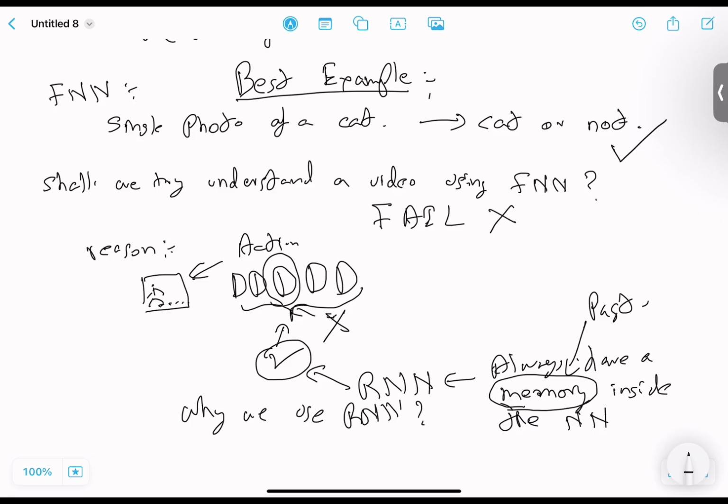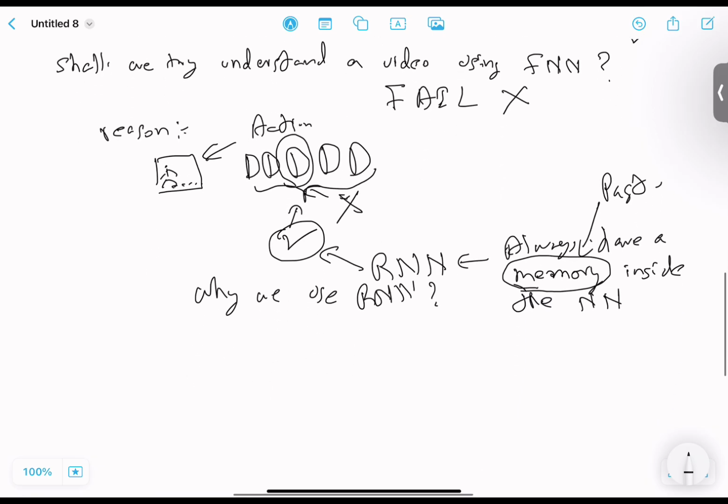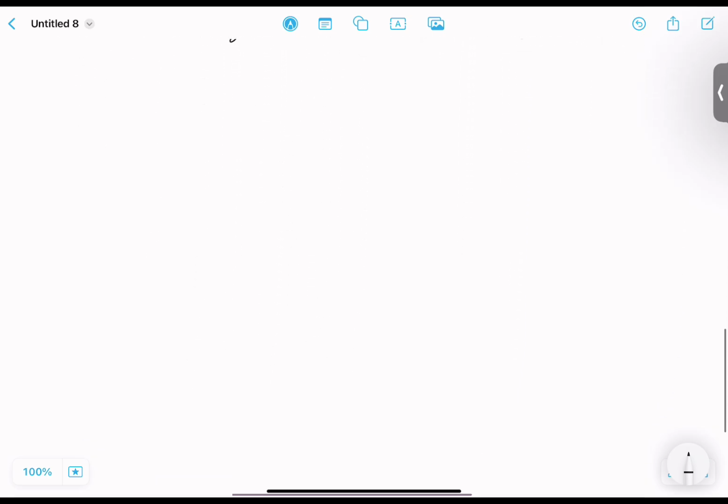Let's see how everything is happening inside. To explain that, I'm taking a very small example, a very baby example, but you will be able to understand this.